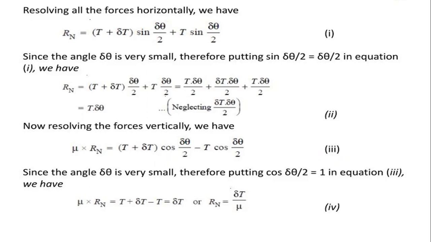So the normal reaction Rn is equal to (T plus delta T) into sin delta theta by 2 plus T into sin delta theta by 2.